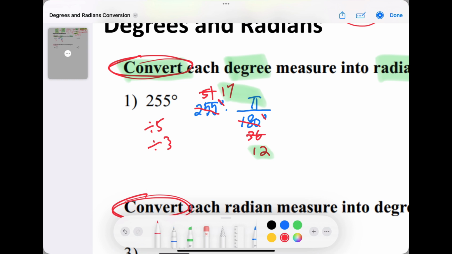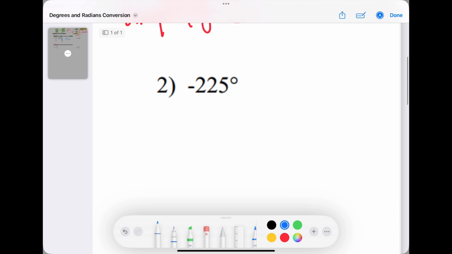What do you have left? You got 17 times pi over 12. And yes, indeed, this will be your final answer, the pi indicates it is my radian. So that is equal to 17 pi over 12 radians.